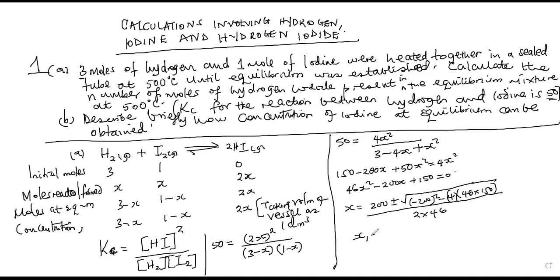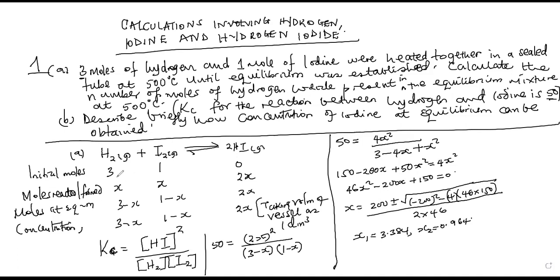So our x will be equal to 3.384, and our other value of x will be equal to 0.964. But remember, the value of x cannot exceed the initial moles which we have.